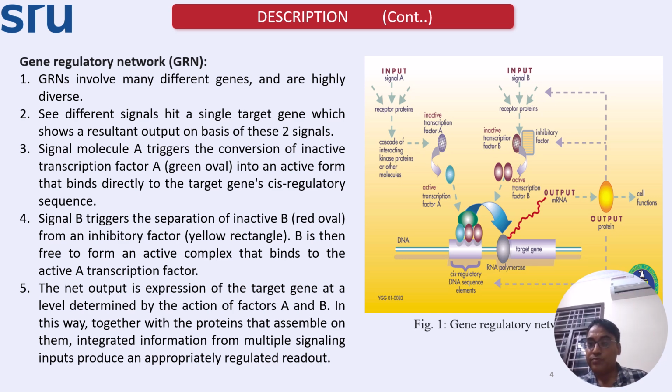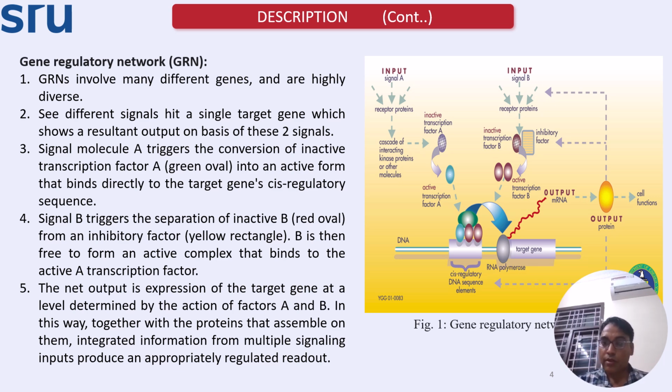On this side, another part leads to input signal B. This converts inactive transcription factor B to active transcription factor B. The inhibitor factor gets dissociated.